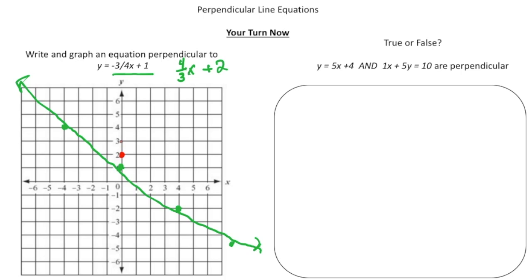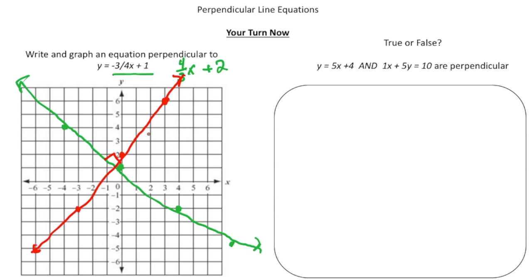So we're going up 4 over 3. We can also go down 4 and left 3. I just want to connect the dots. And there it is. Again, let's give it the quick eyeball check. Remember, perpendicular lines create right angles, and this looks pretty square to me, so that's going to be correct.